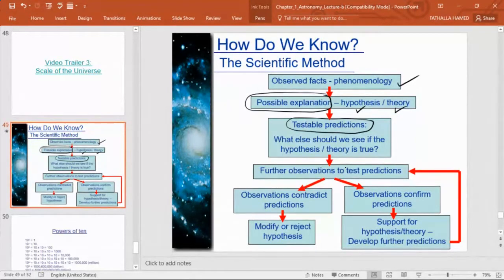Now, if the predictions are okay, then we look for further observation to test these predictions. Of course, if we have a contradiction, meaning the observation contradicts our hypothesis or theory, then we either reject or modify this hypothesis or theory.